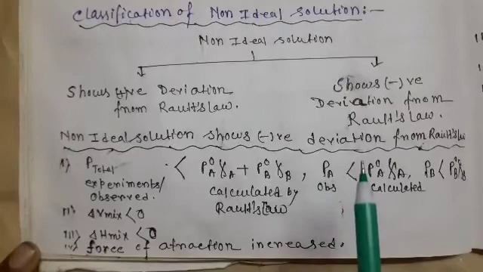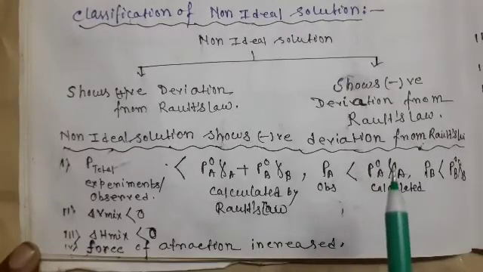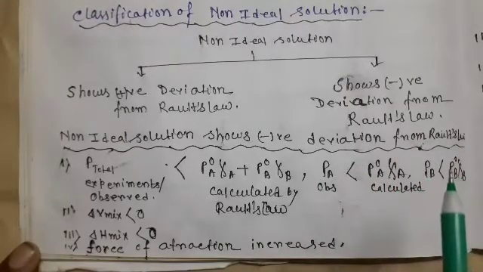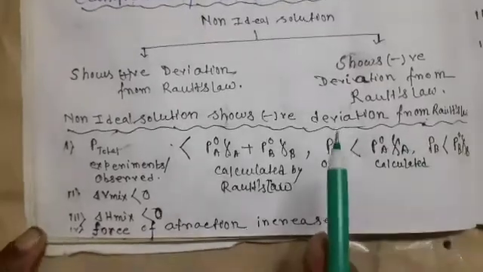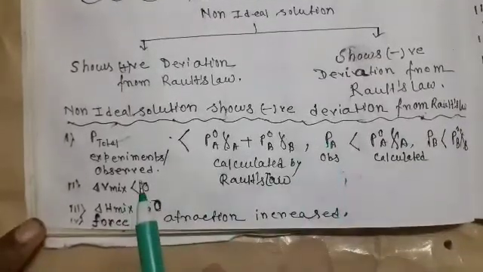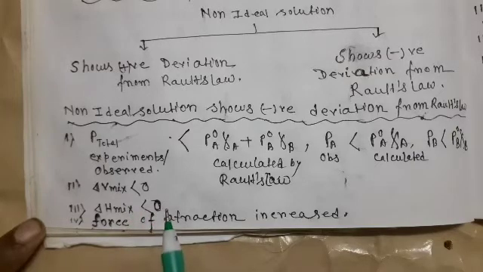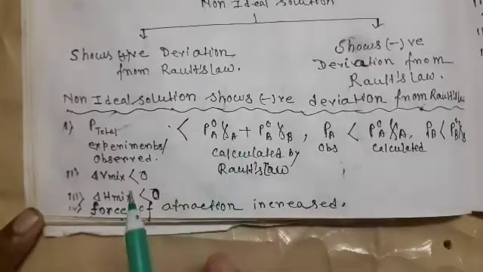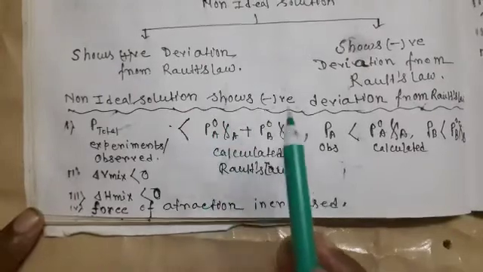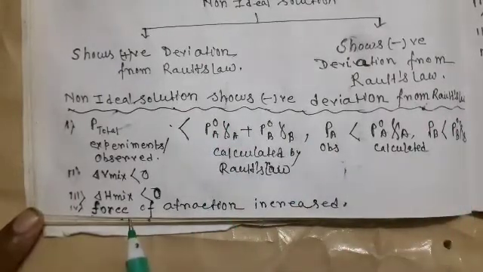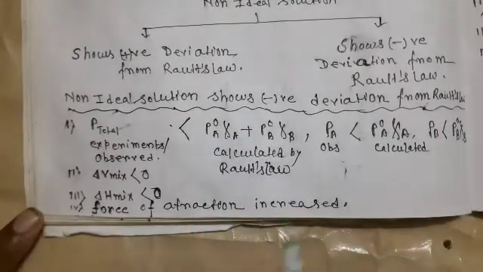Similarly, PA is less than P naught A χA and PB is less than P naught B χB. Similarly, the change in volume is less than 0 and the change in enthalpy is also less than 0. That means negative. That is why it shows negative deviation from Raoult's law and the force of attraction increases.